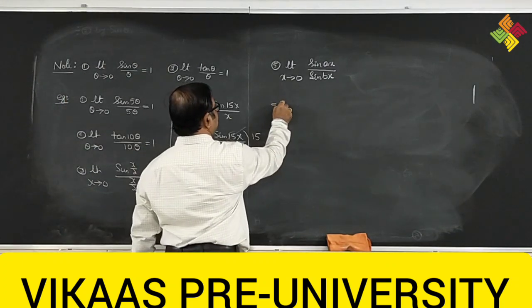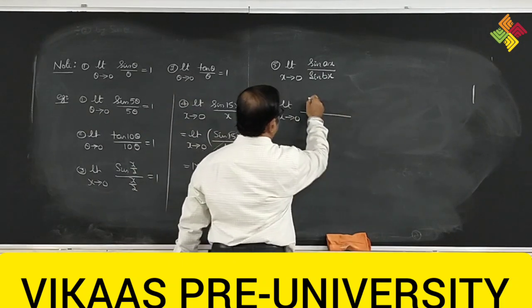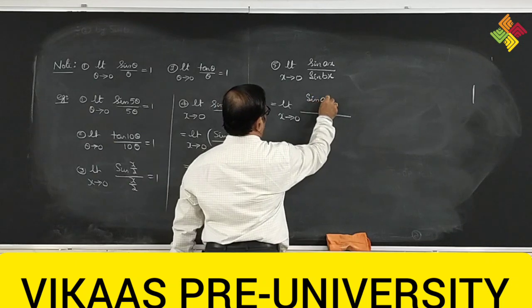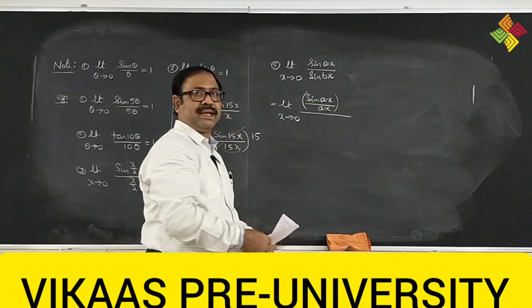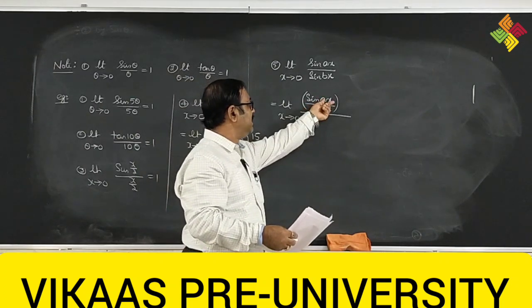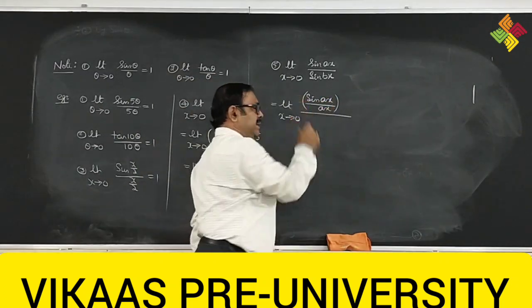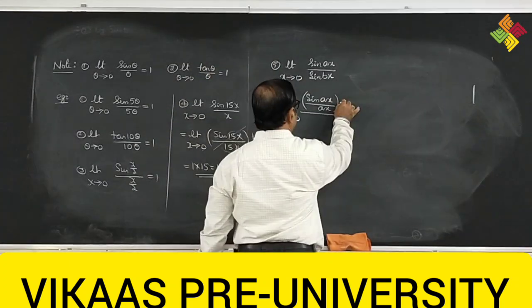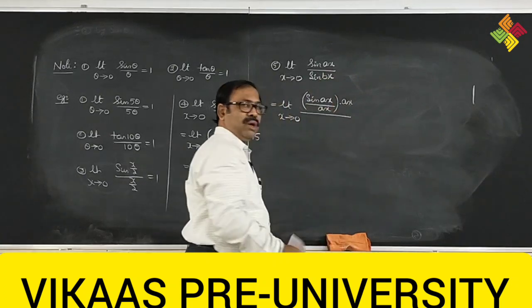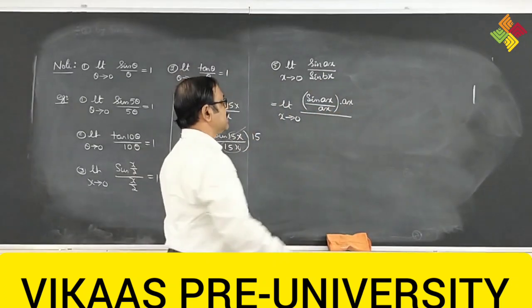In the numerator we need ax in the denominator: sin ax by ax into ax. When you divide by ax, you have to multiply by ax.